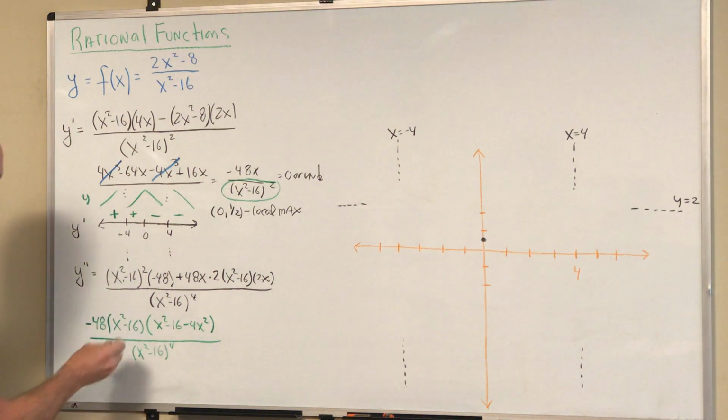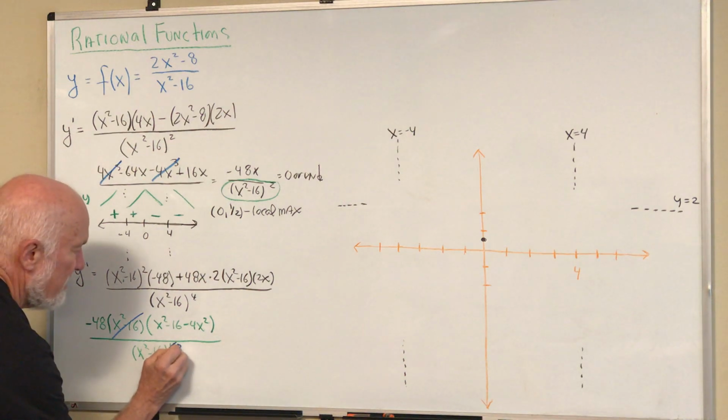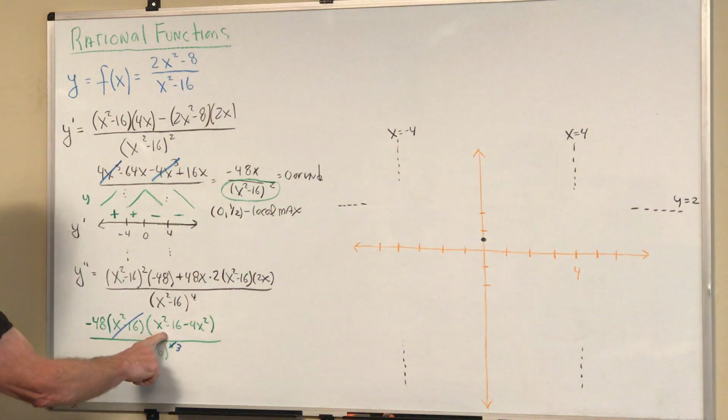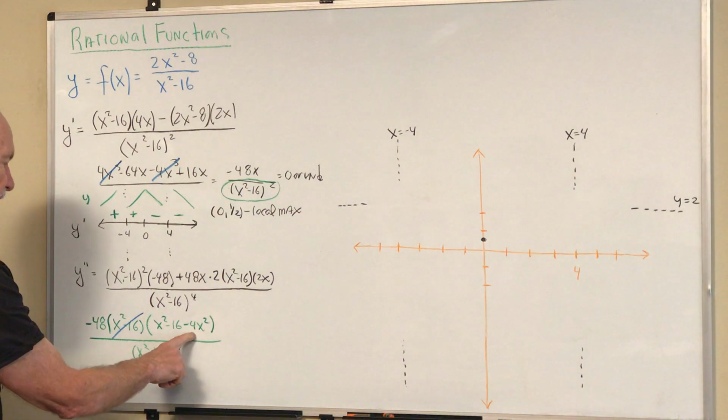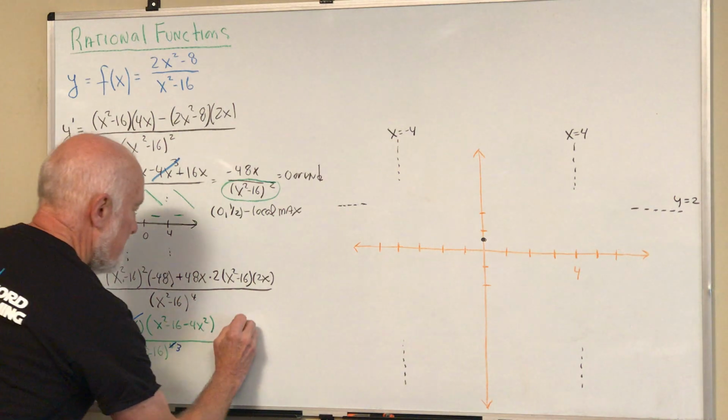Well, I hope I can cancel something. I see x squared minus 16 there. I can cancel one of those. And here I end up with negative 3x squared minus 16.